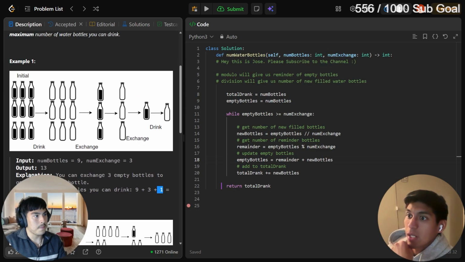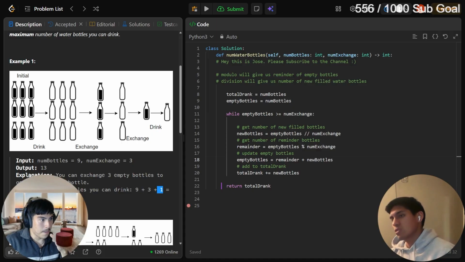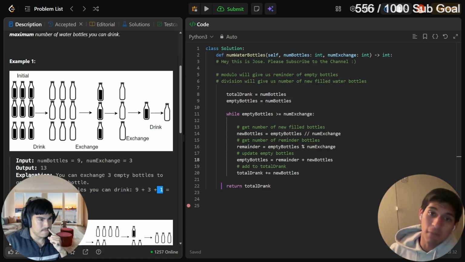Like Carlos was saying, our initial approach was just to use modulo and division. From the empty bottles you use the division to get how many good water bottles we have, and then the modulo to see if we got any remainder.